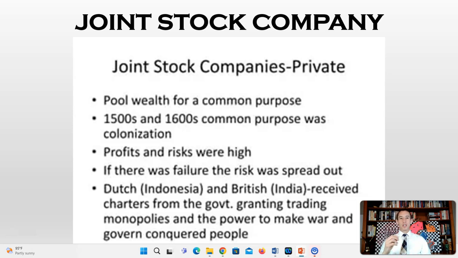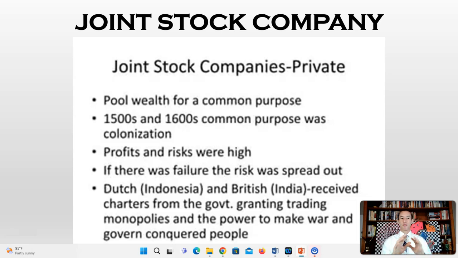This is really important, that they are the ones that create the most important joint stock companies, the most efficient private commercial organizations, because the way these joint stock companies work is a bunch of individuals are able to pool their wealth or put their money together for some sort of business venture.